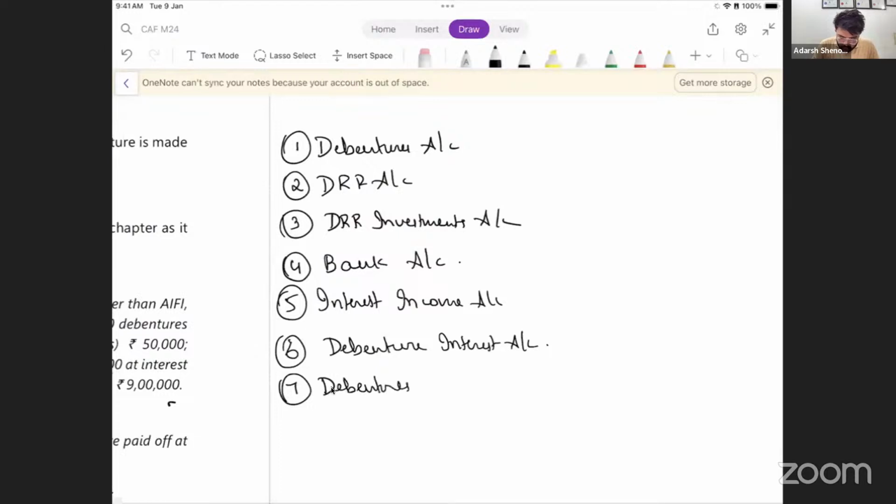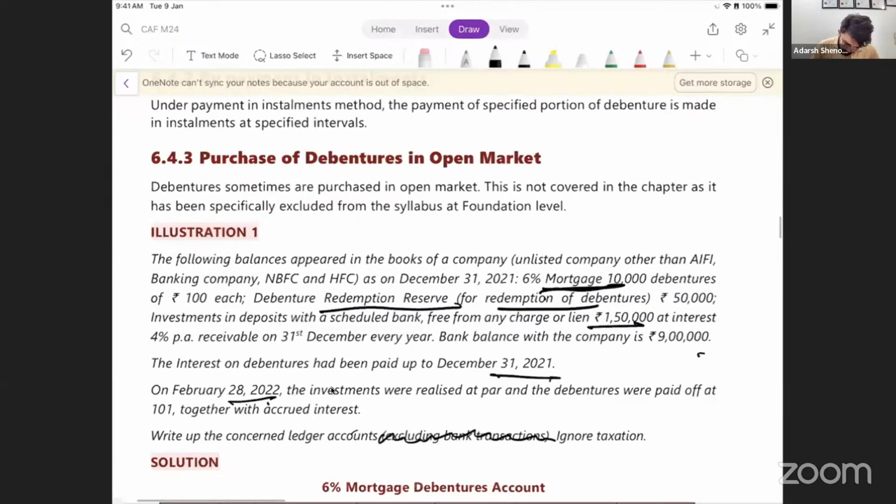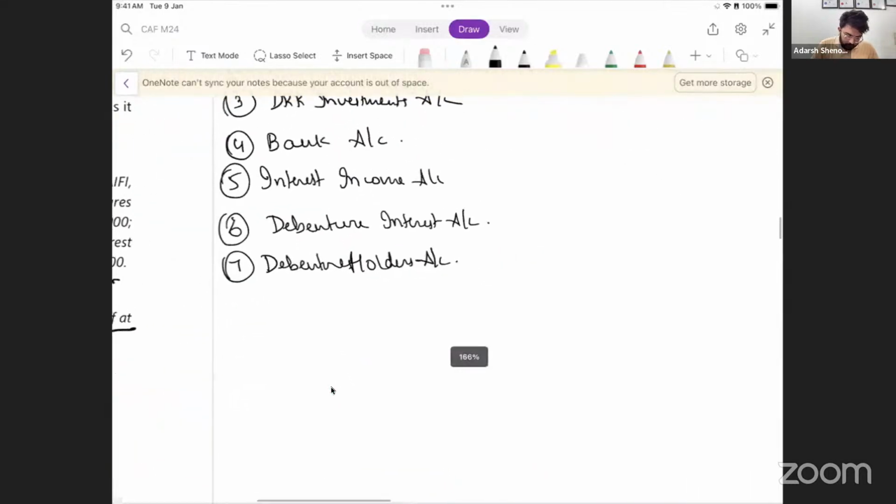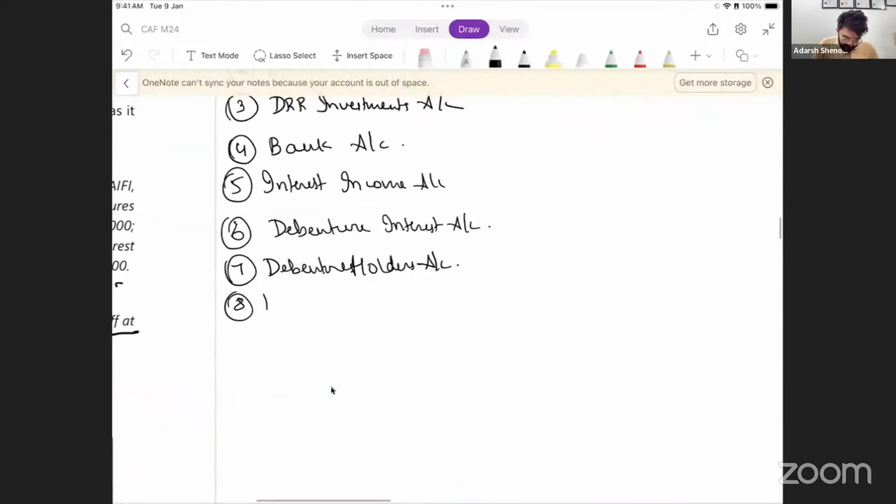At the point of redemption, I'll need debenture holders account, right? So that debenture holders account also will be made. At redemption, I credit debenture holders and make the payment, so it is needed. Is there premium on redemption? At what price were the debentures paid off? 101. So 1 rupee premium is there. So we will create the premium on redemption also. Done. This is it. 8 accounts we will have to draw.